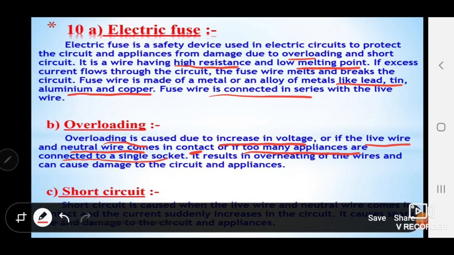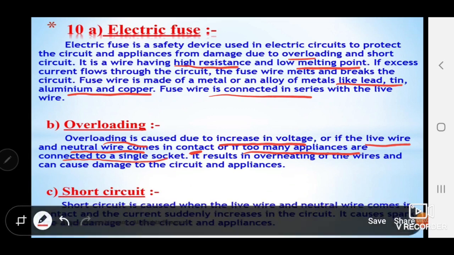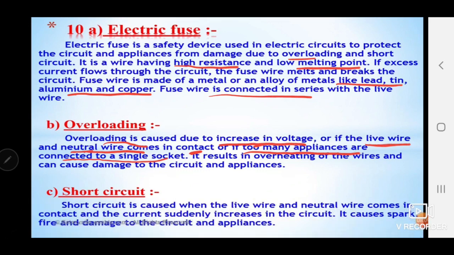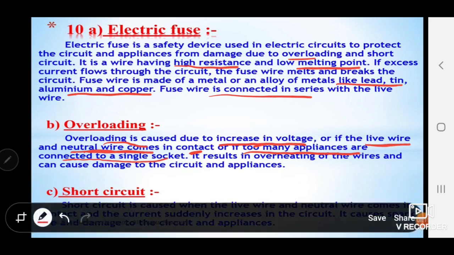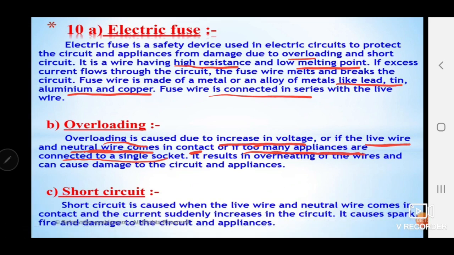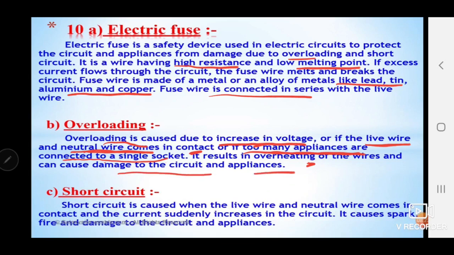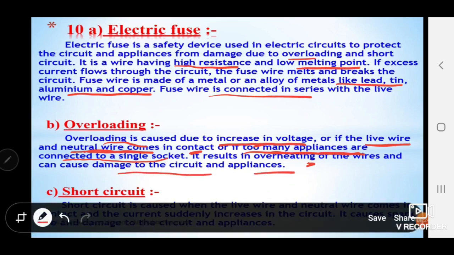So, keep in mind, overloading is nothing but an increase in voltage. This happens due to three reasons. One, the live wire and neutral wire come in contact, or too many appliances are connected to a single socket. It results in overloading. The wires heat up and can cause damage to the circuit and appliances.